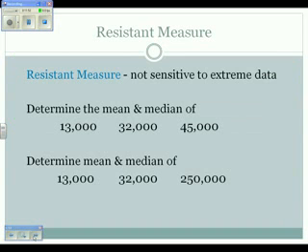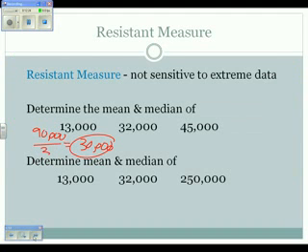So determine the mean and the median of these three data values. Well, what would the mean be? Yeah, we would add these three together, and so we would get what when we added those together? $90,000, and we divide that by 3, and we would get 30,000.